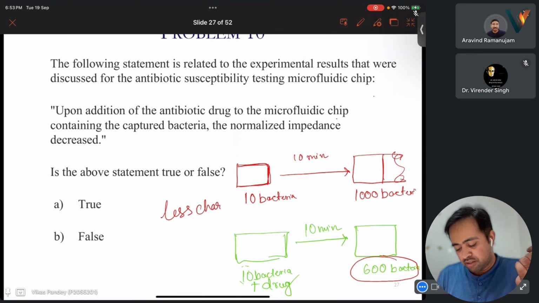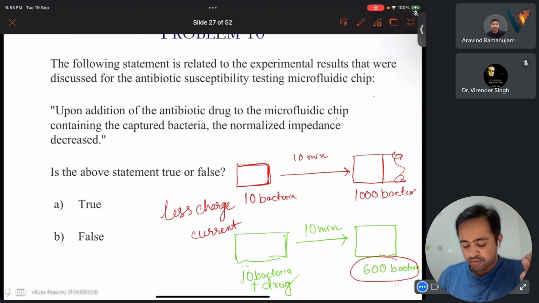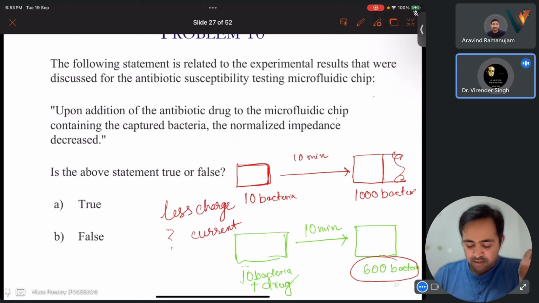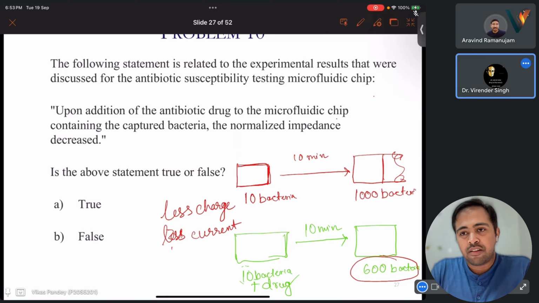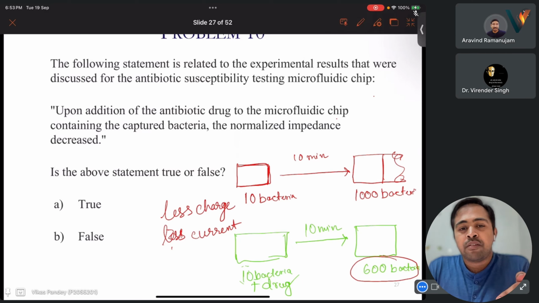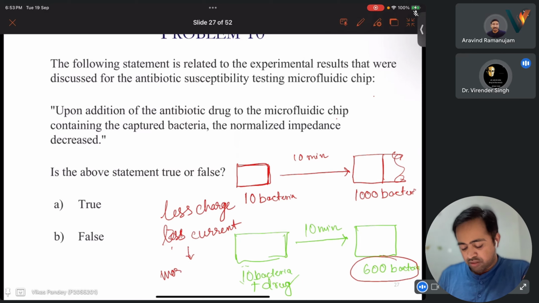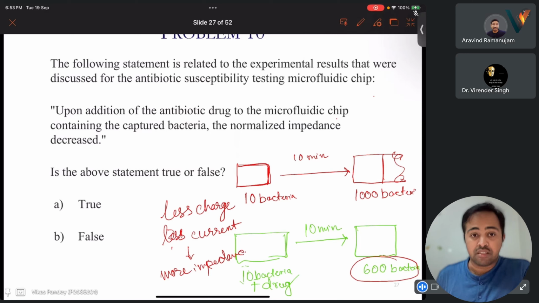Less charge means less current. And when there is less current, that means more impedance. So impedance will increase.